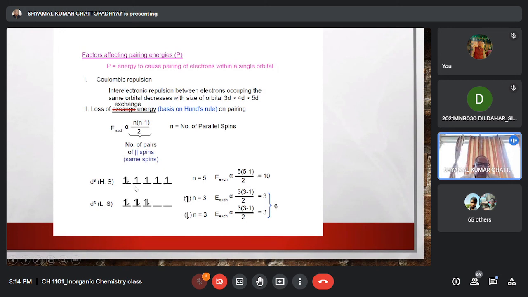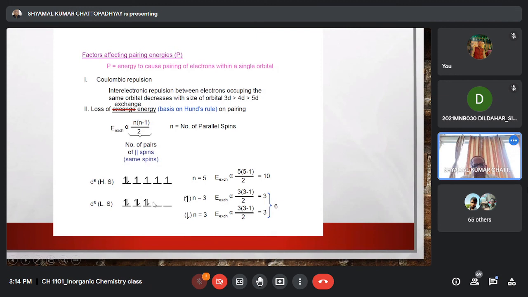Now when you go to the low spin configuration, then you have t2g6. In the t2g6, we have 3 electrons with upspin and 3 electrons with downspin. For 3 electrons with upspin, we have 3C2, that means 3 exchanges possible. 3 electrons with downspin, again 3 exchanges possible.